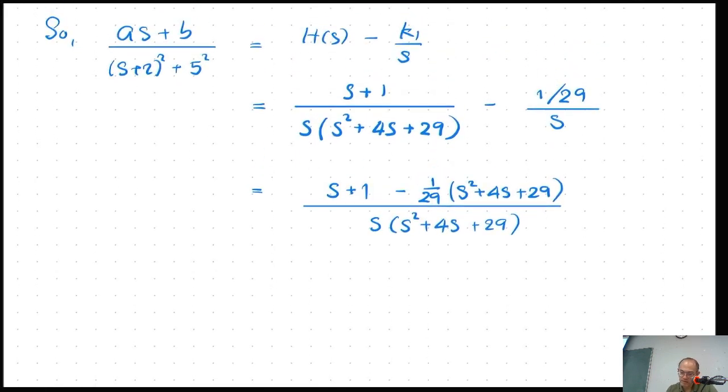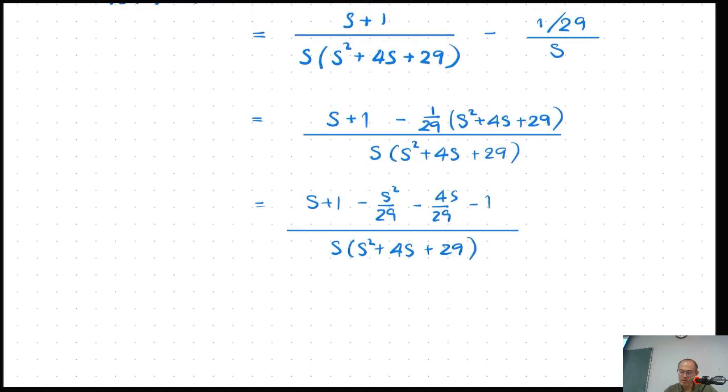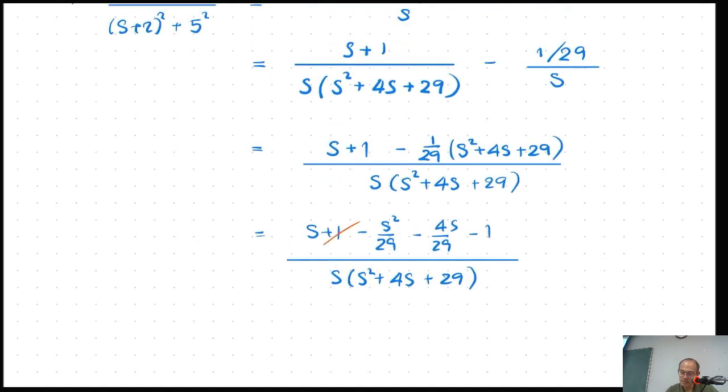So I have s plus 1 minus s squared over 29 minus 4s over 29 and minus 1, divided by s times s squared plus 4s plus 29 in the denominator. And you see the factor ones cancel. We cancel out the factor 1 here.